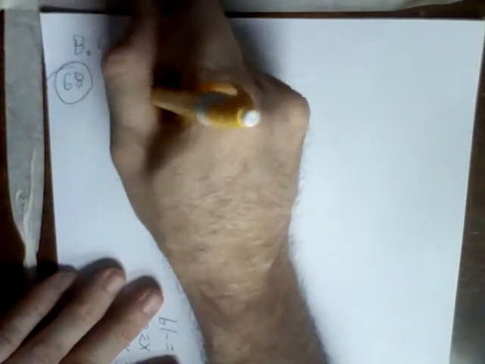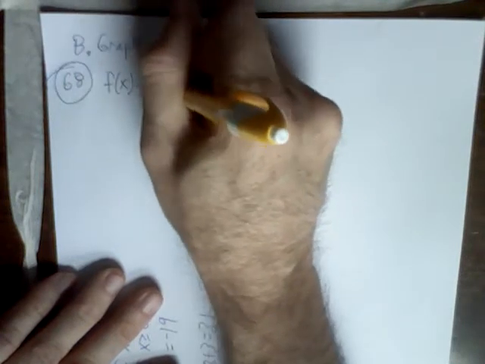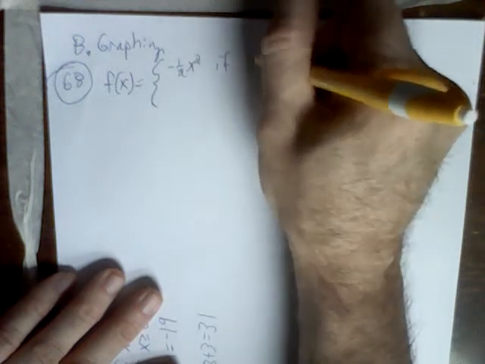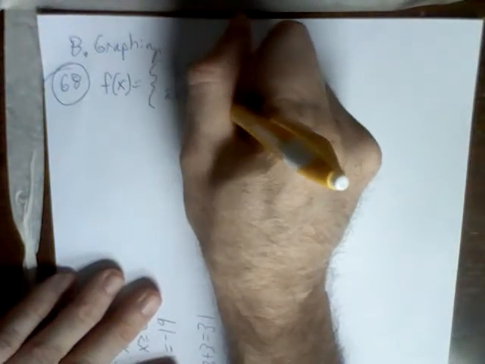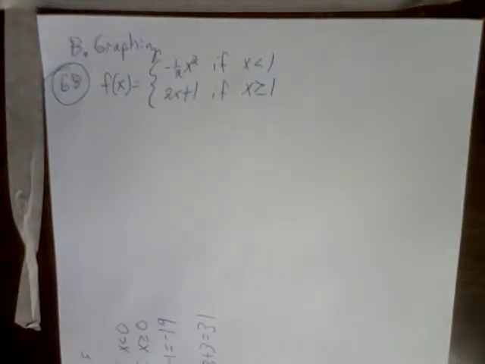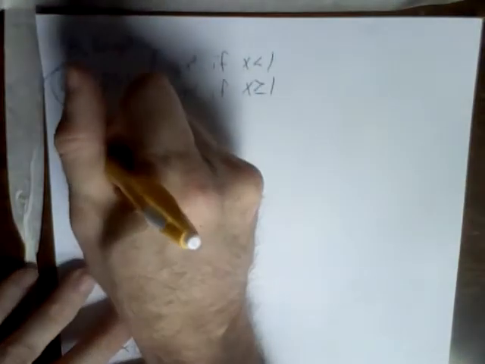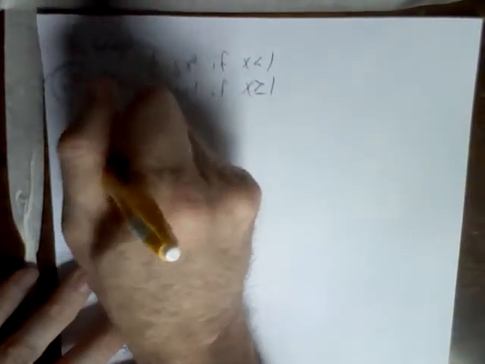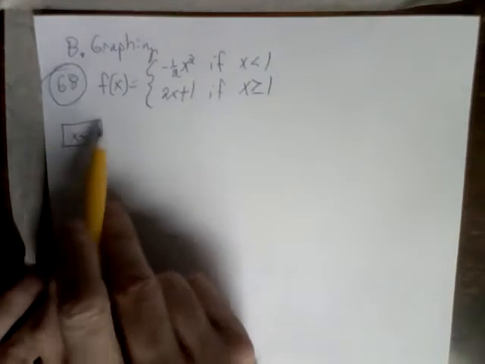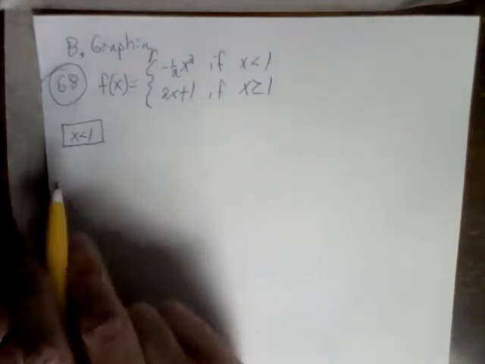So we'll have f of x equaling negative 1/2 x squared if x is less than 1, and then 2x plus 1 if x is greater than or equal to 1. Okay. So in the case x is less than 1, we're actually working with this function. And we'll use values less than 1 all the way up to 1 and see what's going on.